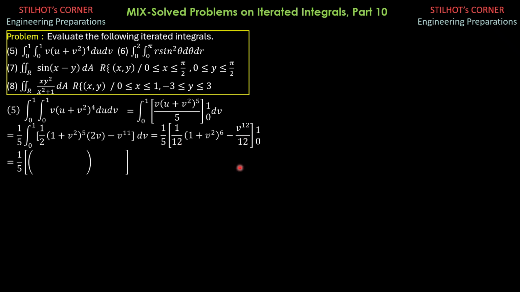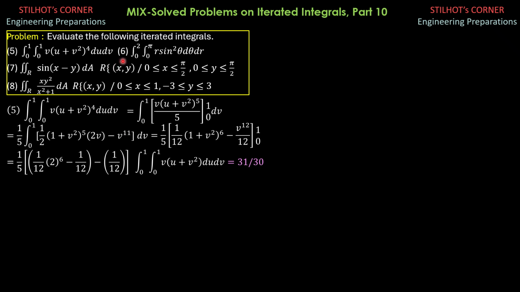So it is 1/5 times the quantity 1 over 12 times 2 to the 6 minus 1 over 12, then minus the lower limit when v is 0, so minus 1 over 12 only, 1 over 12 times 1 to the 6, so that's 1 over 12. So using the calculator, the integral of this integrand is equal to 31 over 30.